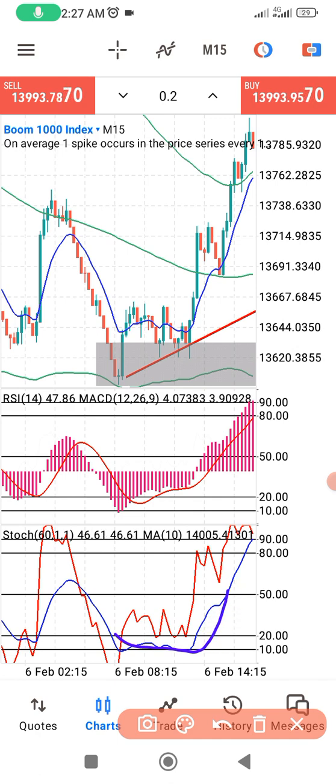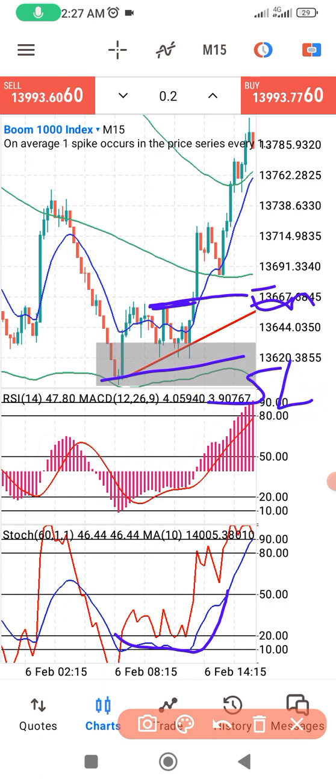And after the price spikes above moving average 10, we'll make our entry here. Our stop loss is at the previous low, because this low is taken, there is a break of structure still to the downside. Then our TP somewhere here.